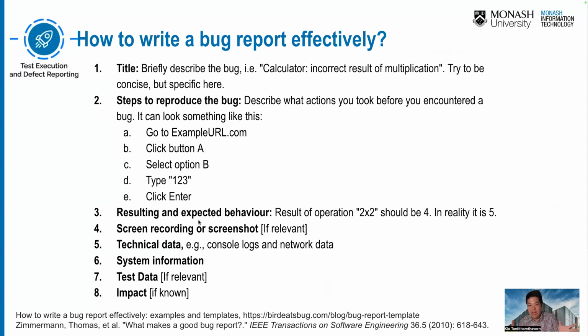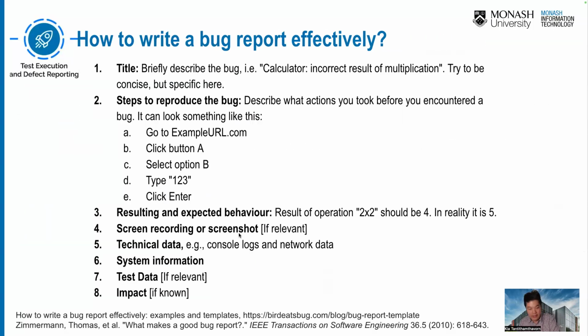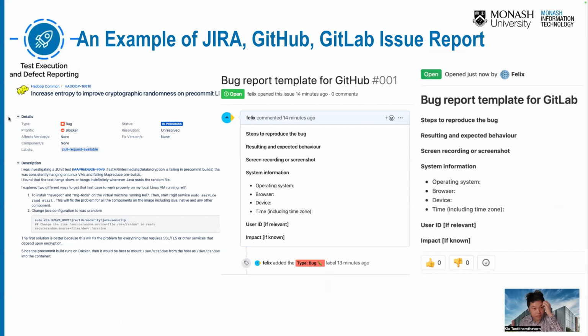What are the results and the expected behavior? The result of the operation 2 multiplied by 2 should be 4, but it turns out to be 5. That's the incorrect behavior. You can attach a screen recording or screenshot as well, and provide technical data and so on. Otherwise, these are optional. This is the real world example.